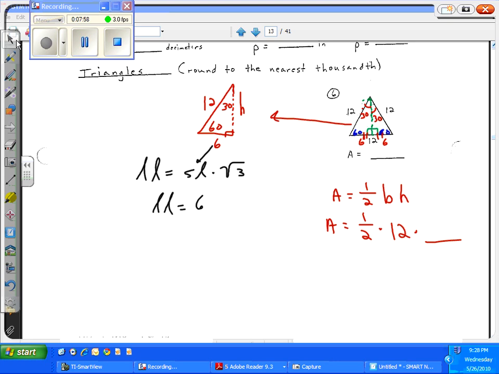Short leg is 6. Therefore, long leg is 6 square root 3. I used it instead of Pythagorean theorem because it was going to be easier. So my height, which is my long leg, is 6 square root 3. So the area is 1/2 of 12, which is 6 times 6 is 36 square root 3.